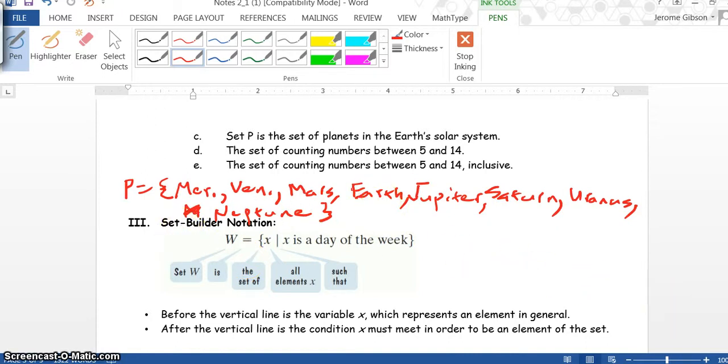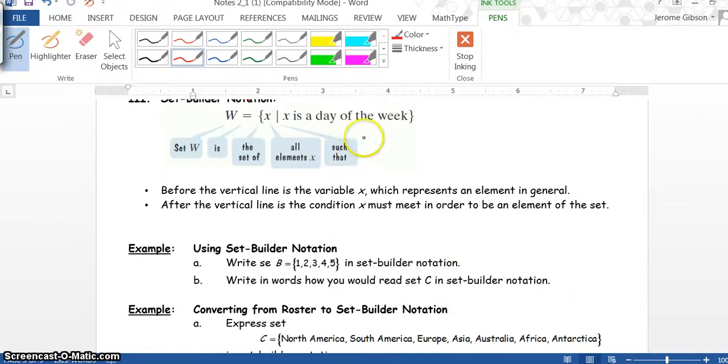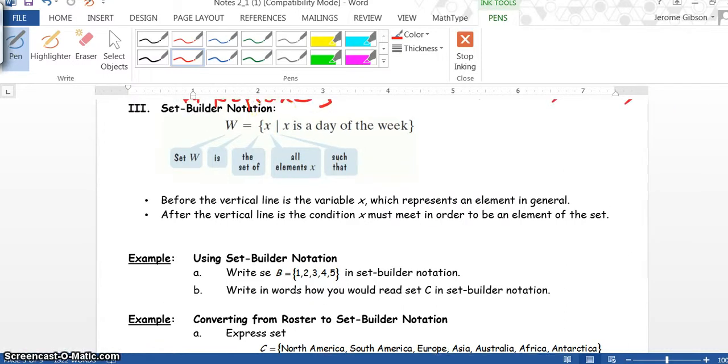Okay, next we come to the third set. This is set builder notation. We have W is equal to, we have our brace, X, this line here separating it, X is a day of the week. So this stands for set W is equal to.